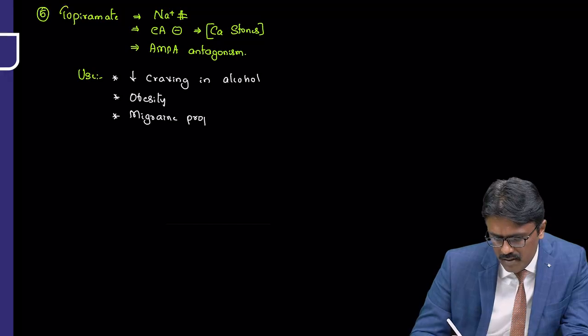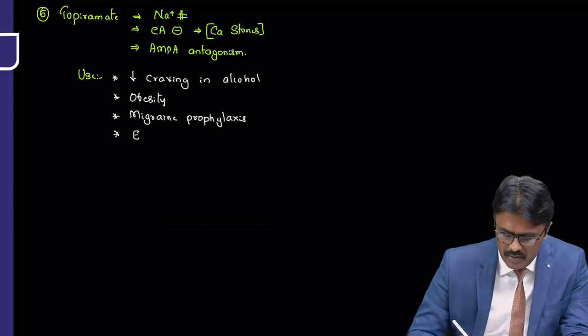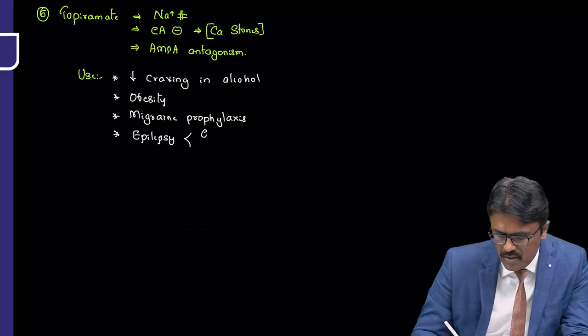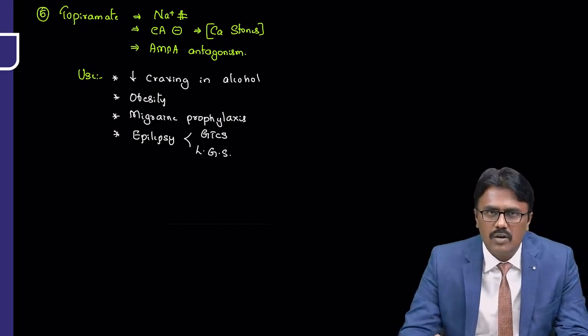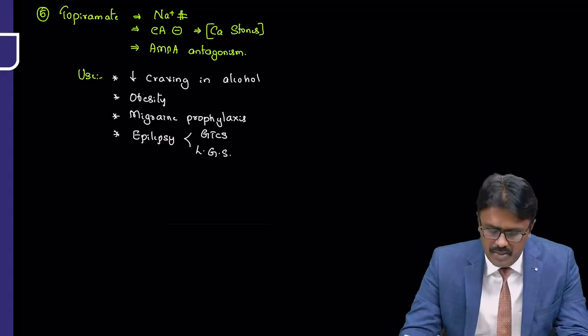Not for attack, but for prophylaxis of migraine. And it is used in epilepsy. That is what we are discussing. In epilepsy, mainly it is used in GTCS and LGS. LGS means Lennox-Gastaut syndrome.